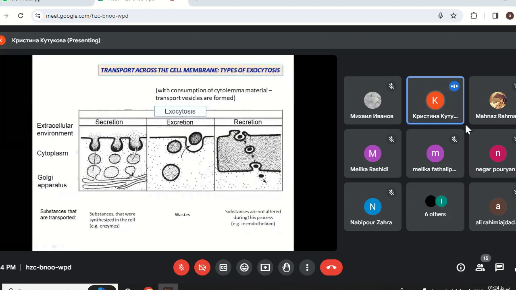So here can be, for example, the internal surface of the endothelium cell. So here can be blood, and here the tissue. So the function of the blood capillary is to pass the molecules from blood to tissues. So these molecules are not changed when they go through the cytoplasm of endothelium cell from blood to tissue, and the same from tissue to blood for some wastes, for example.